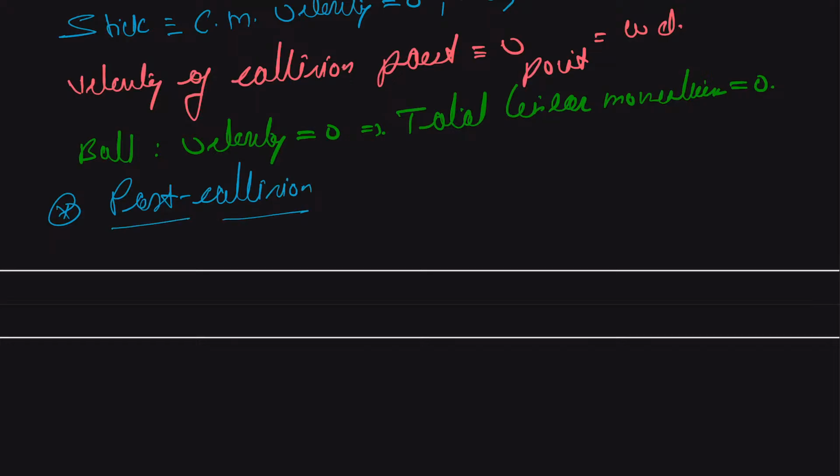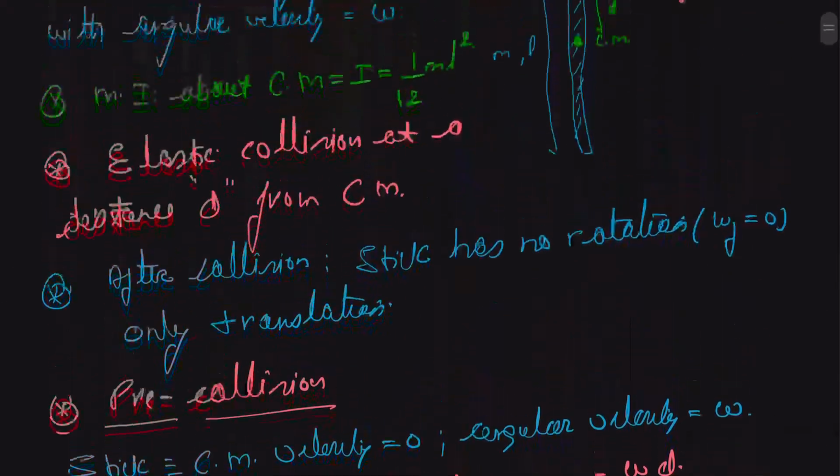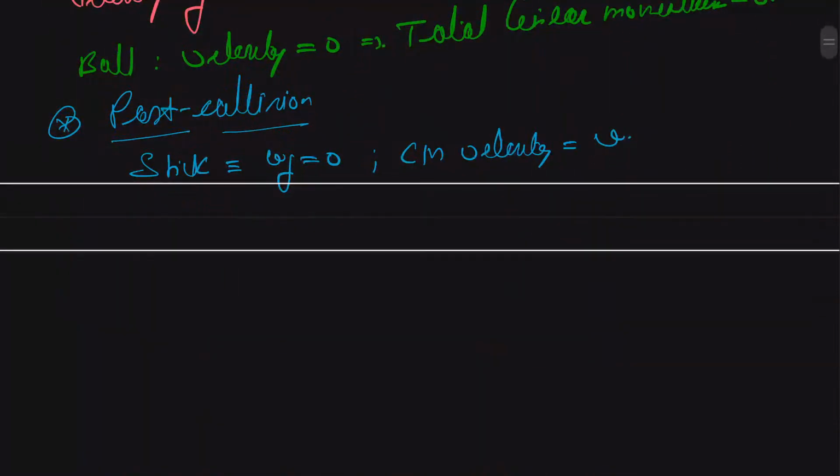And then we come to our post collision. Post collision, in case of stick, we just said that our final angular velocity is equal to 0, and the center of mass velocity is supposed as v. Okay. And after collision the ball velocity is supposed as u.